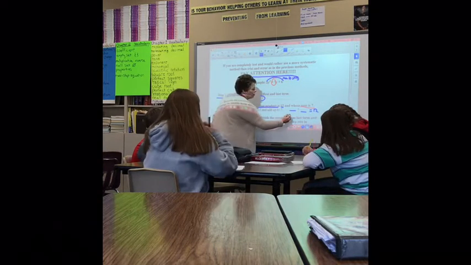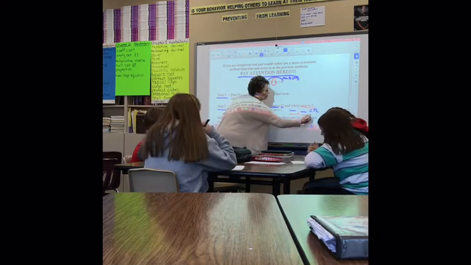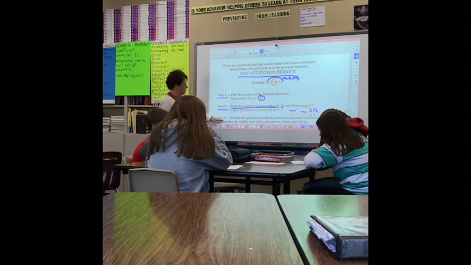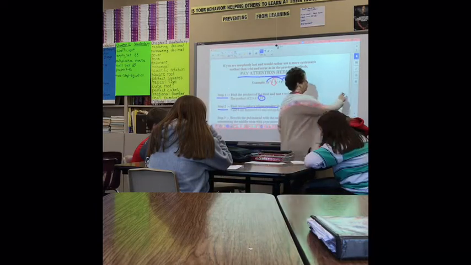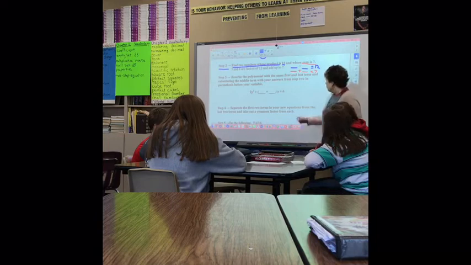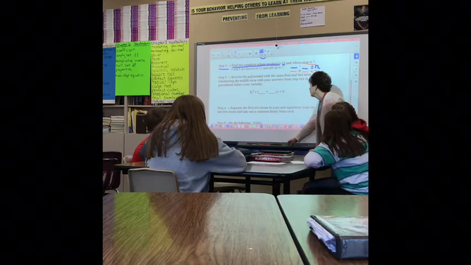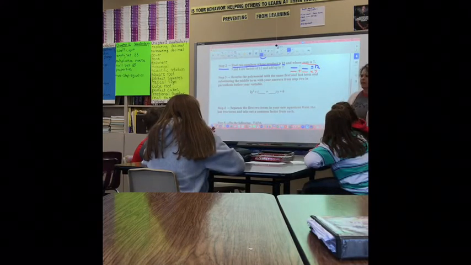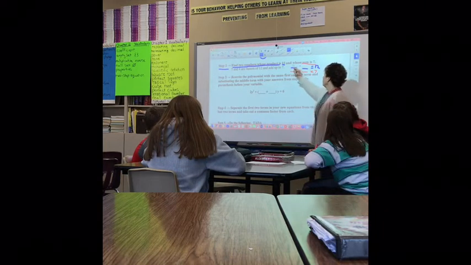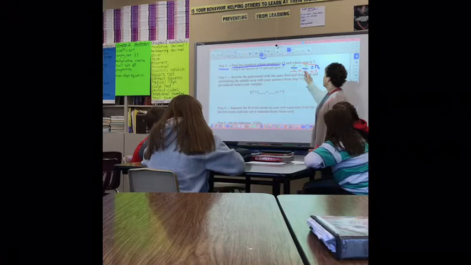So those same two numbers are going to add together to be 7. This is a step process. What are your two numbers? Can you come up with the two numbers that multiply together to make 12 and add to 7? 4 and 3, in either order, it doesn't matter.